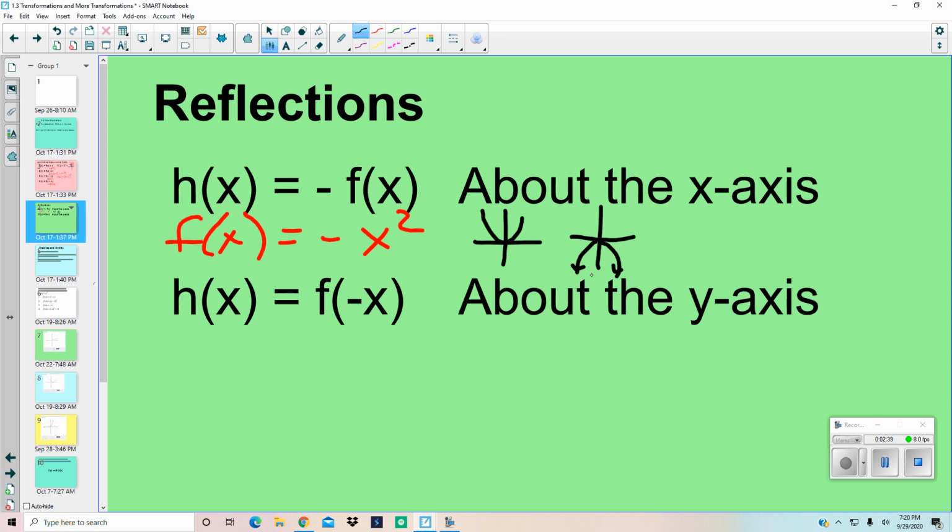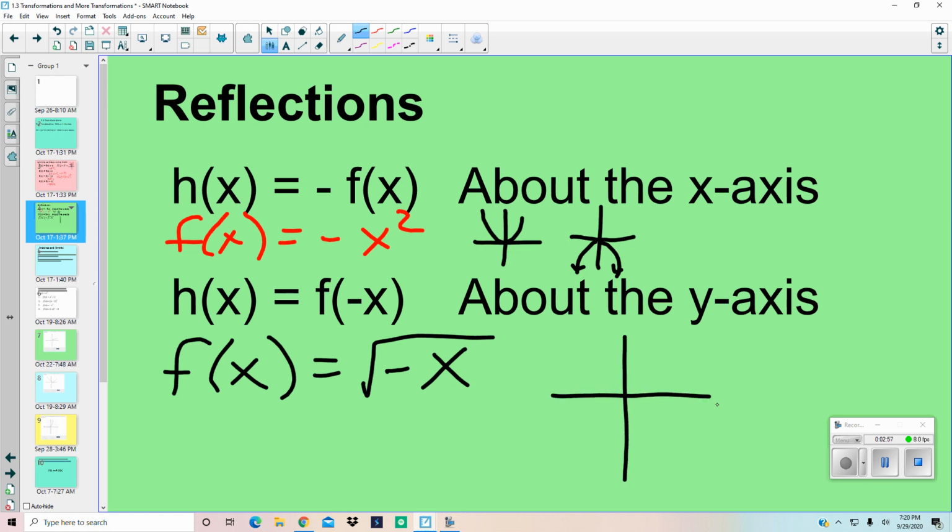A negative within would be about the y-axis. So let's do a different function. If I have, say, the square root function, and I put a negative inside, it's going to move it about the y-axis. So my graph that would originally be like this, if I reflect it about the y-axis, it's now going to be over here.